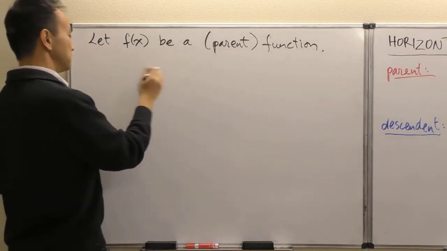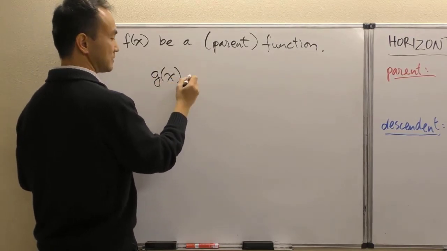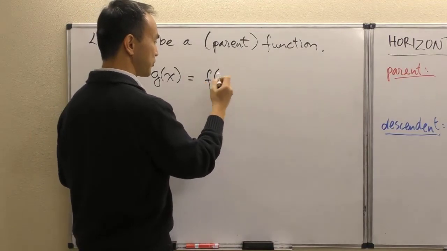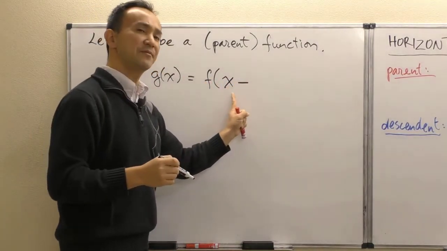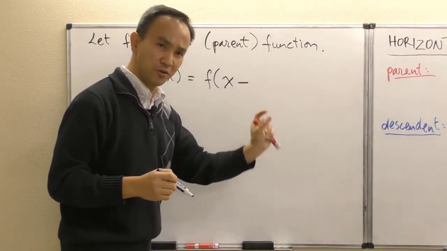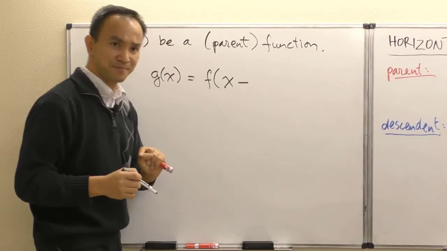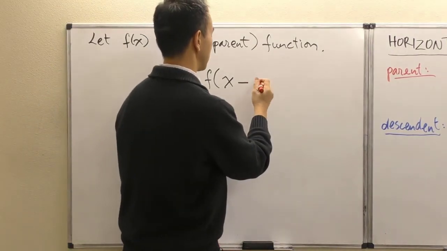And so whatever the function defined as g of x, that equals the parent function that takes input x minus. That's why I've been spending so much time yelling out loud. I want you to see that this is x subtract. The operation here is subtract. So x minus a value a.